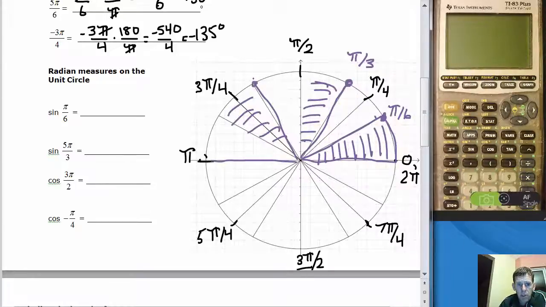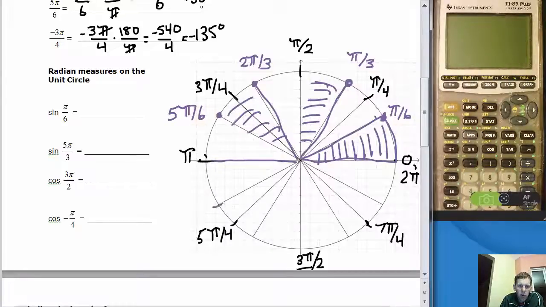This is 4/6. 4 over 6 is equal to 2 pi over 3, or 2/3. So we have 1/6, 2/6, 3/6, 4/6, and 5/6 right here. We're just counting by sixths around the unit circle. Here's where 6 over 6 would be. 6 over 6 is like 1 pi.